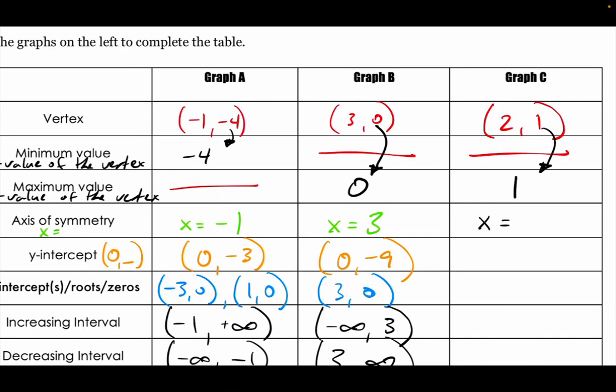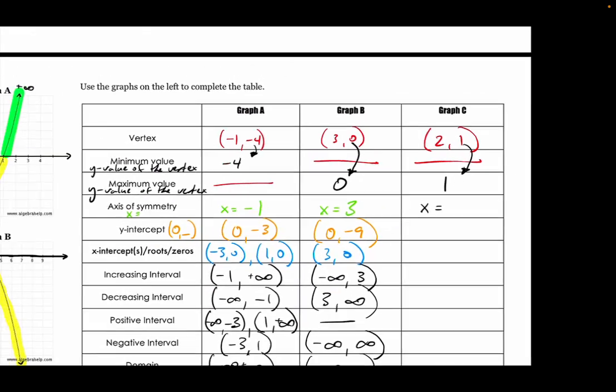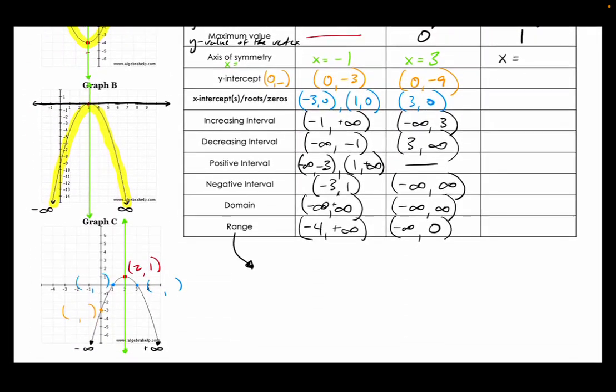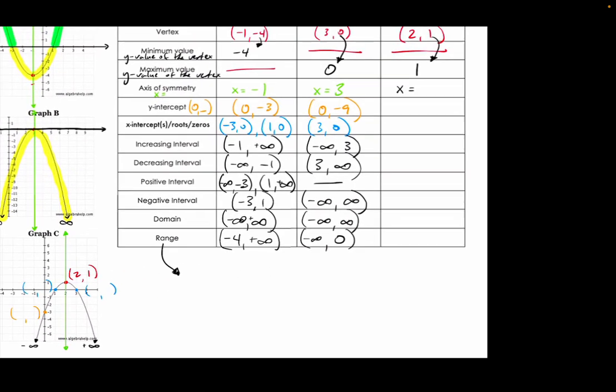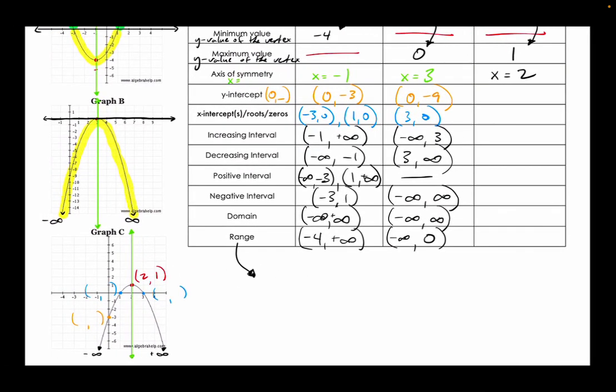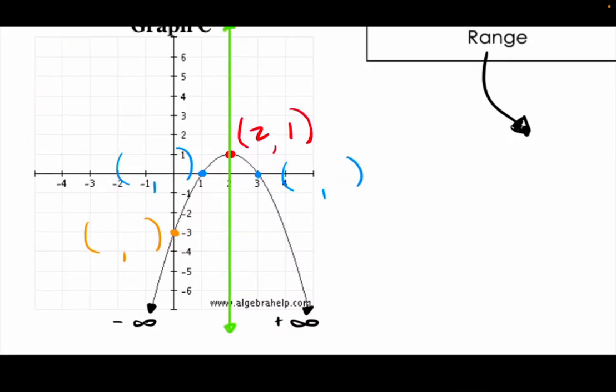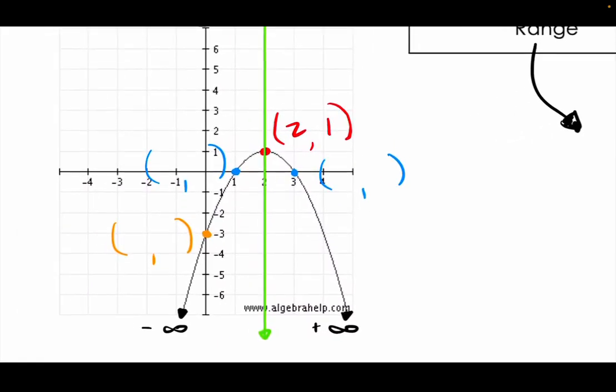The axis of symmetry always starts x equals. Which x number does it pass through? 2. Y-intercept, where does it cross the y-axis? That's the orange dot. So you got to give me directions on how to get there.